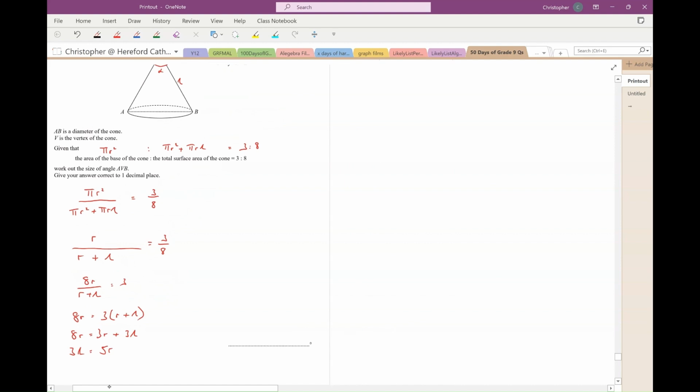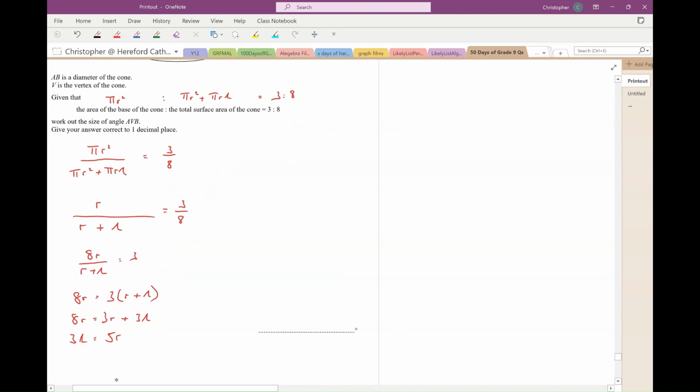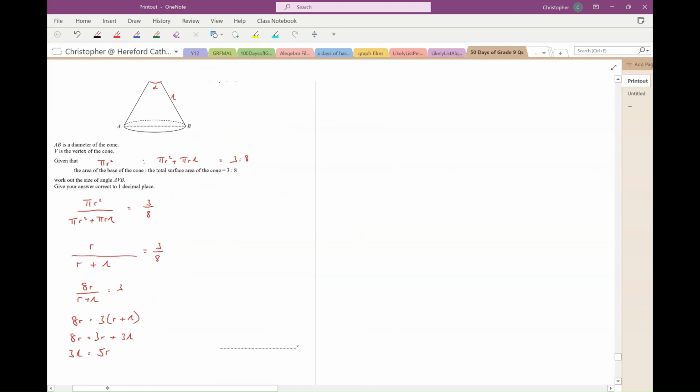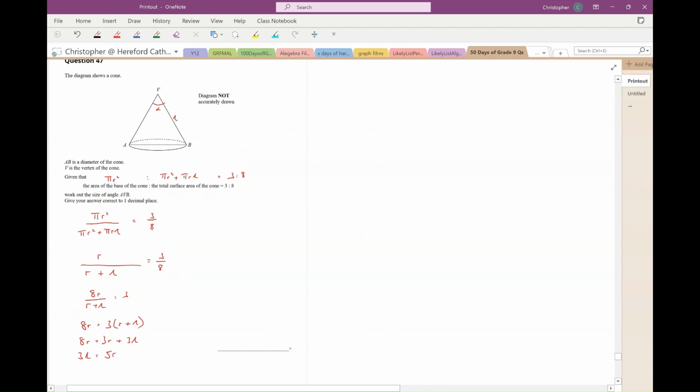So now I know the ratio between the curved length and the radius. The radius is 3/5 of the curved length. So I've got this right angle triangle. If I go down to there, and to there, I've got a right angle here.